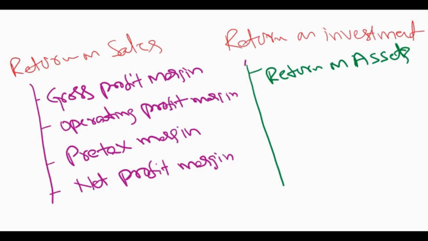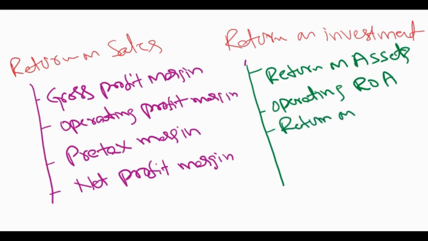Or let's say operating return on assets. We can call this operating ROA, return on assets. And return on total capital, right?